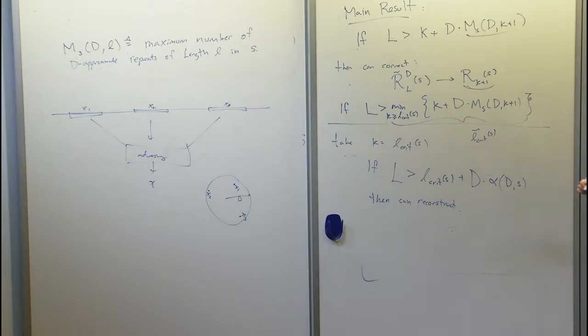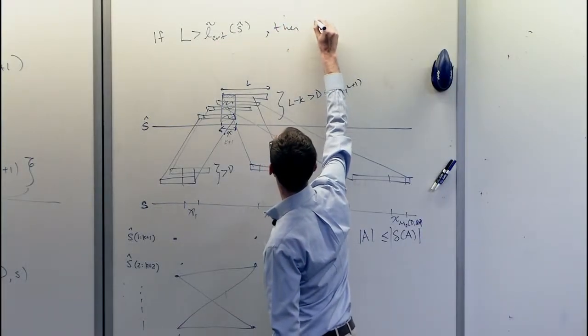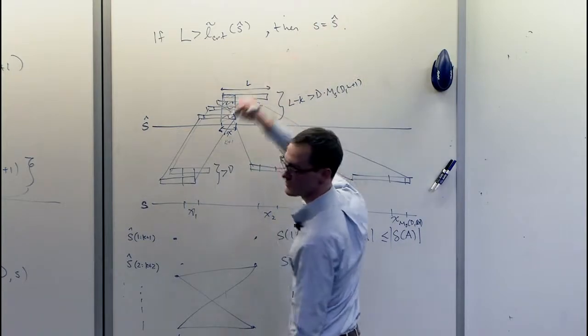But it's a little bit funky if you think about it, because it says that my read length needs to be longer than some function of the sequence that I don't have, right? But actually it's not too hard to see that there's an implied certificate property here: if I reconstruct S hat, say, and L is greater than L crit, which I can compute because I basically constructed this, then S equals S hat.